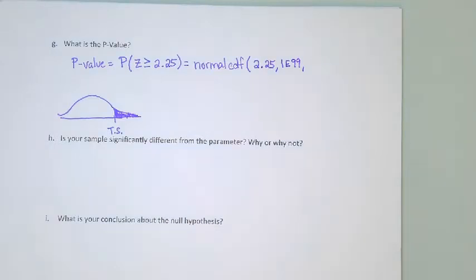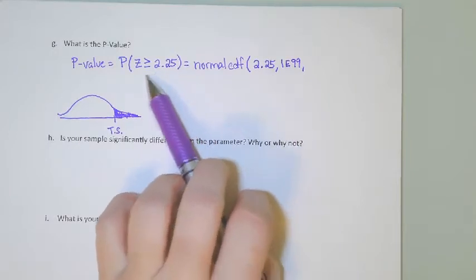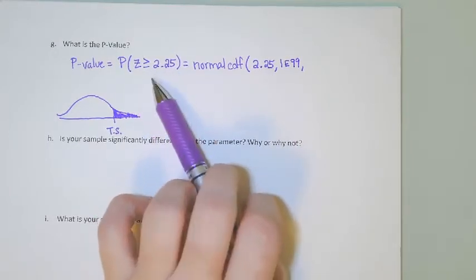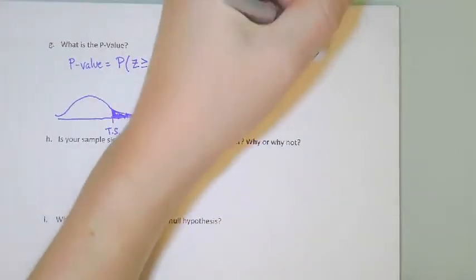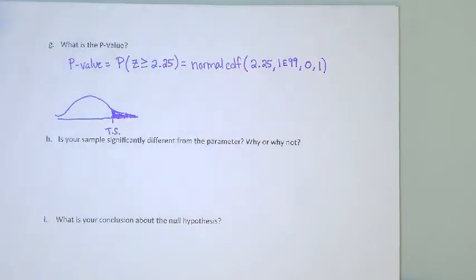Then the last two values are the mean and standard deviation, which is easy because we're working with a z-score. Anytime we're working with z-scores, we'll always have a mean of 0 and a standard deviation of 1.